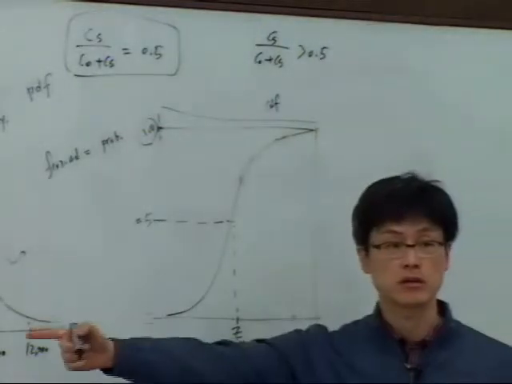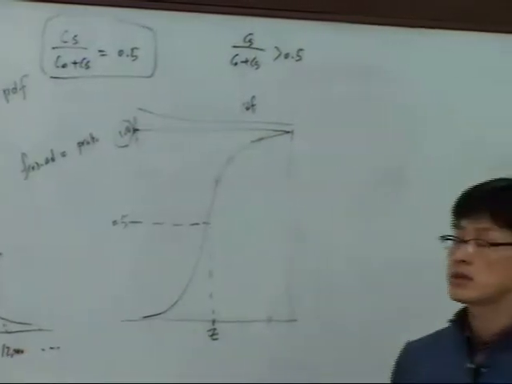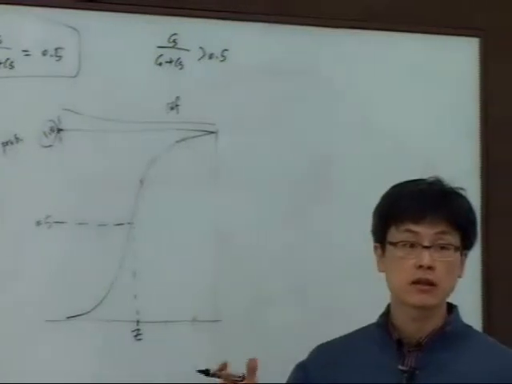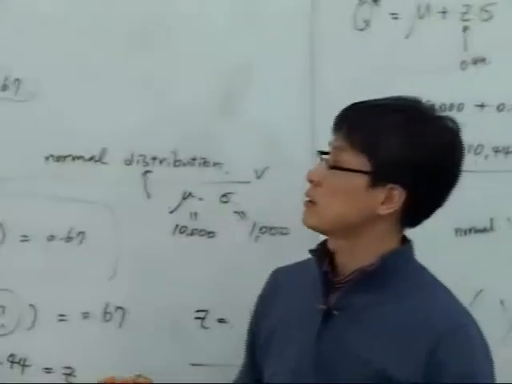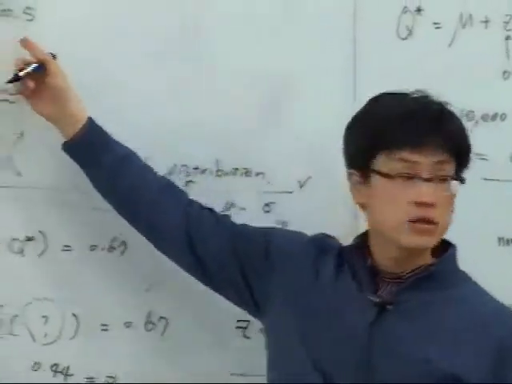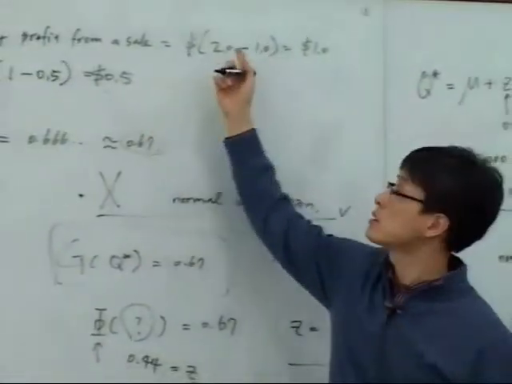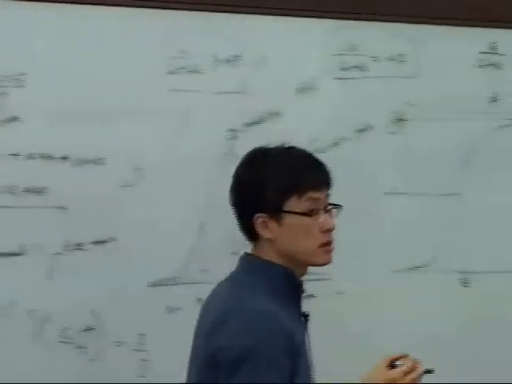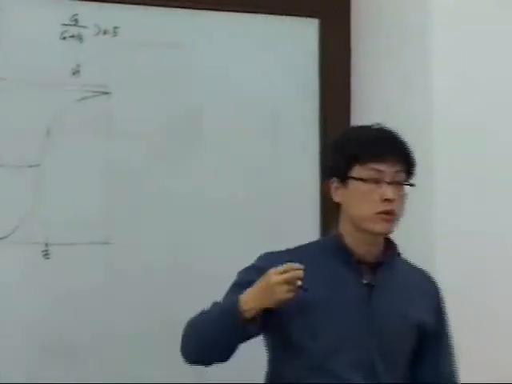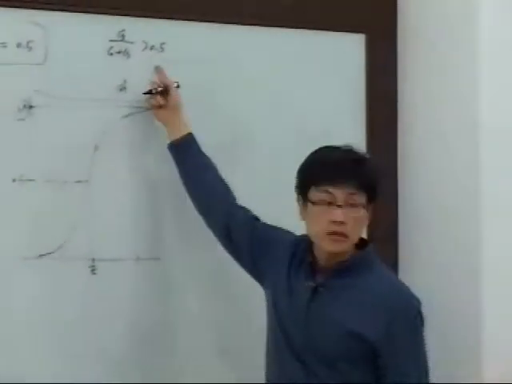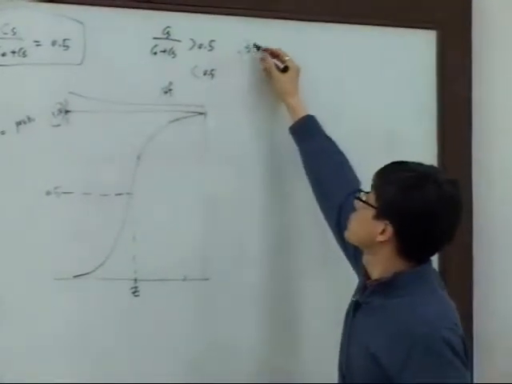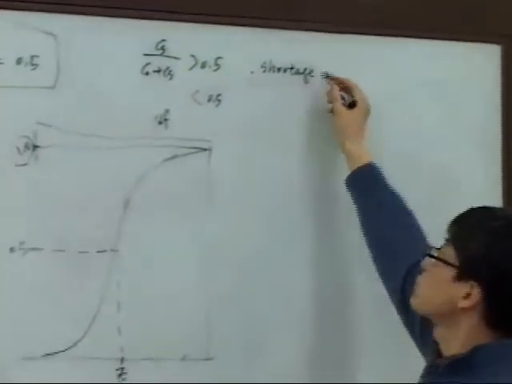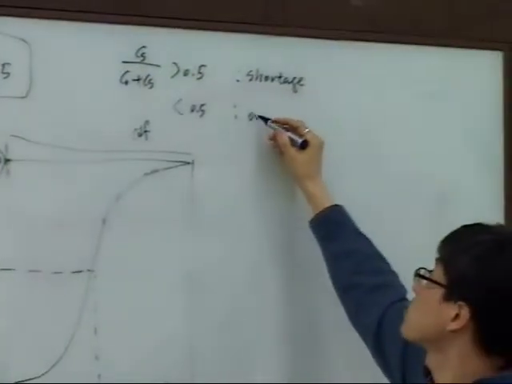What is this in our case? Which means CS is much greater than CO, like this. CO is $0.50, CS is $1. Shortage is much more important in this case. Shortage is major player, and this is overage.